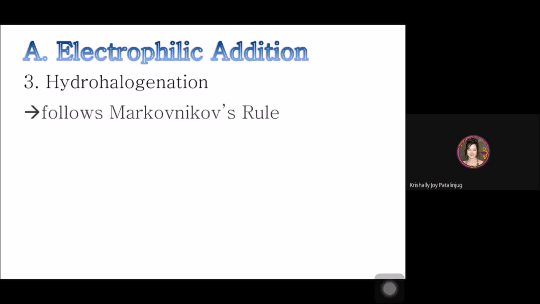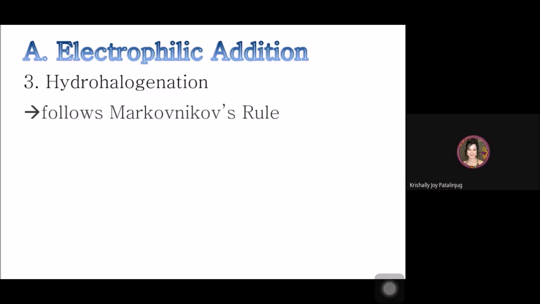Ang Markovnikov's rule, this is actually proposed by Vladimir Markovnikov. Usa siya ka Russian nga chemist. He was the one who formulated an empirical rule to predict the outcome of some addition reaction. So example ana is during hydrohalogenation reaction. Para dali ra nato ma-predict ang major product, we follow his proposed rule.